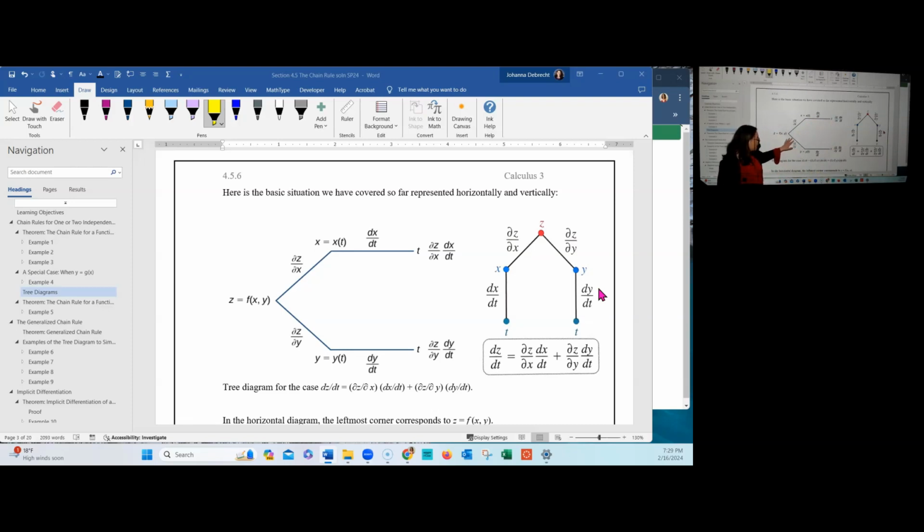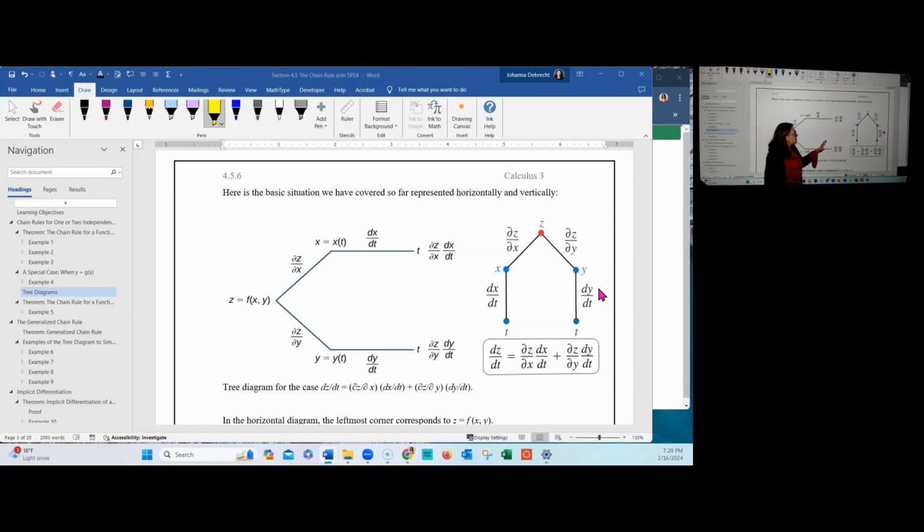Similarly, when we look at the y path, once we get to here, y is only a function of t. And so we have one branch coming off of it, which we labeled dy dt, leading, of course, just to the variable t. Then what we do is we multiply the labels along the branches, not at the nodes, but along the branches. The partial of z with respect to x multiplied by dx dt, the partial of z with respect to y multiplied by dy dt, and we add the 2 together. And this will be the chain rule for this situation.